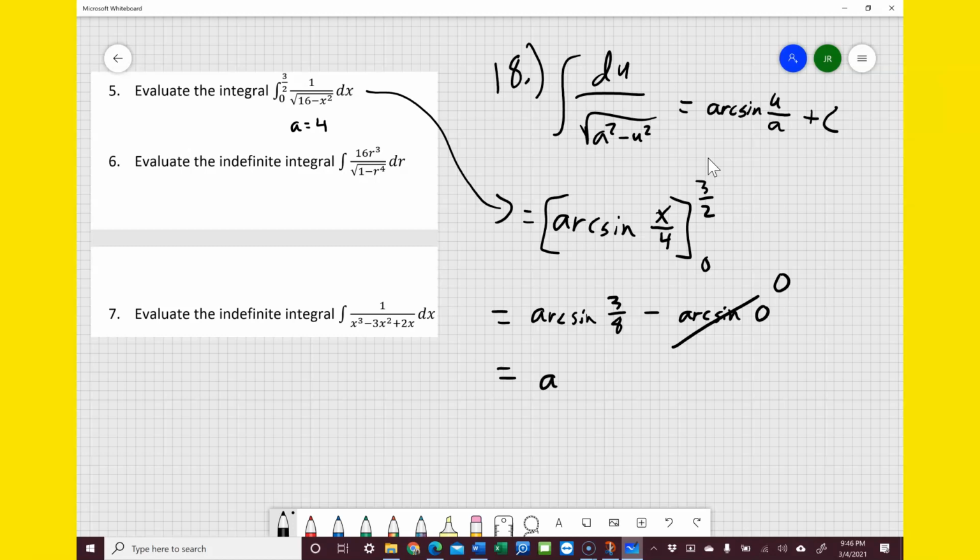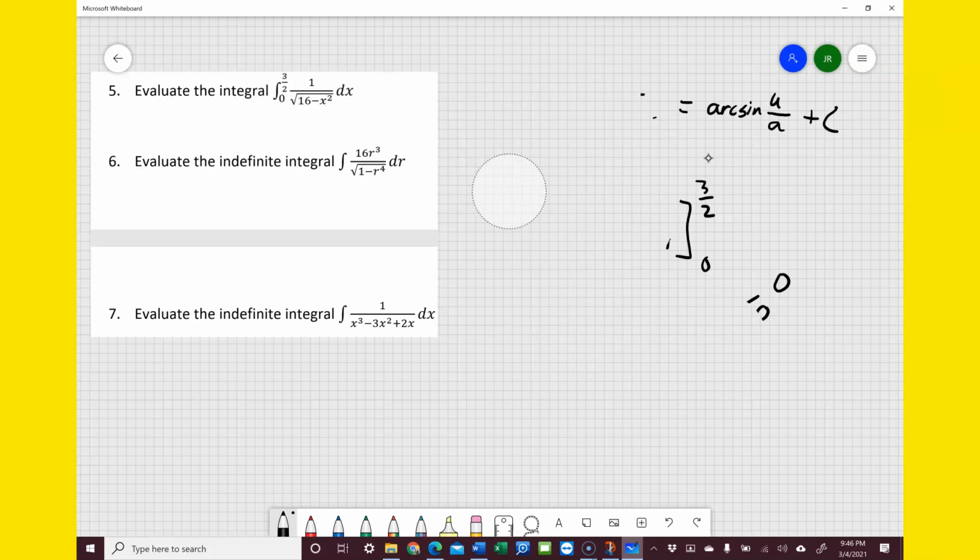So then we could just say the answer is arc sine of 3/8. And that would be an exact way to write the answer, or we could get a decimal approximation in our calculator. All right, that's good enough for number 5. If it was square root of 3 over 2, it would be like pi over 3 or something. Right.